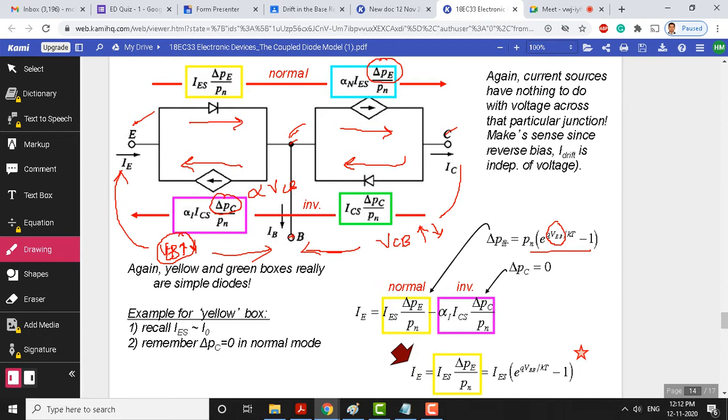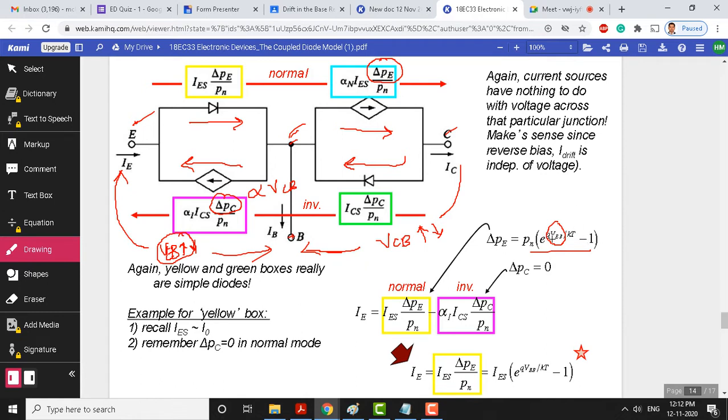We have shown the hole distribution on the emitter-base junction side and on the collector-base junction side also. So, delta P is very large at the emitter-base junction and becomes 0 at the collector-base junction. Delta P is given by P n times e to the power of q V eb by k T, minus 1.